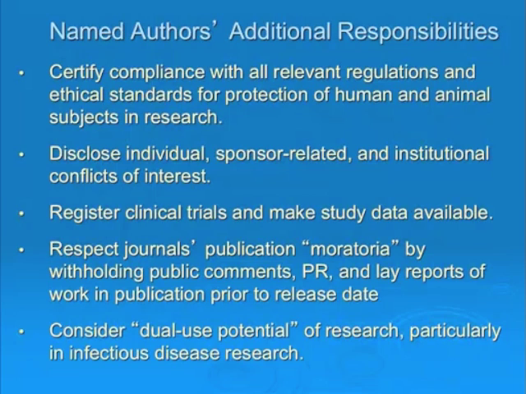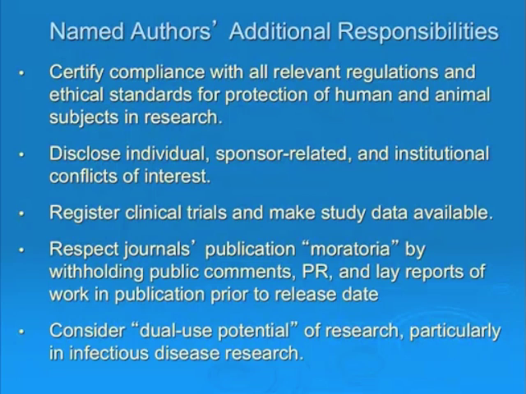Named authors have additional responsibilities on top of the ones that we've already heard about, and these have been in the guidance for a long time. You need to be able to certify that you followed all the other rules regarding research, particularly human subjects and animal subjects review procedures within the institution.